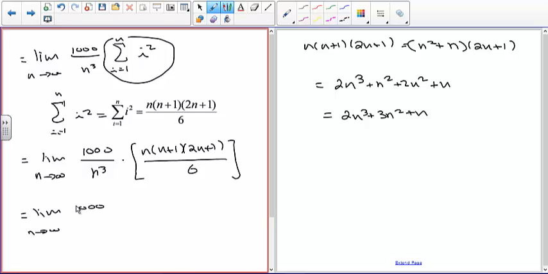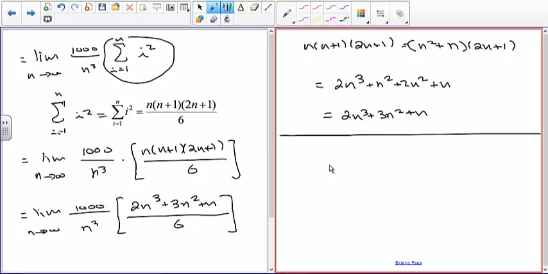So we get 1,000 over n cubed times 2n cubed plus 3n squared plus n divided by 6. And we'll come over here and keep going. So now what we're going to do is take each one of these terms. So we're going to make 3 separate terms. We're going to have the limit as n goes to infinity of 1,000 times 2n cubed over 6n cubed.